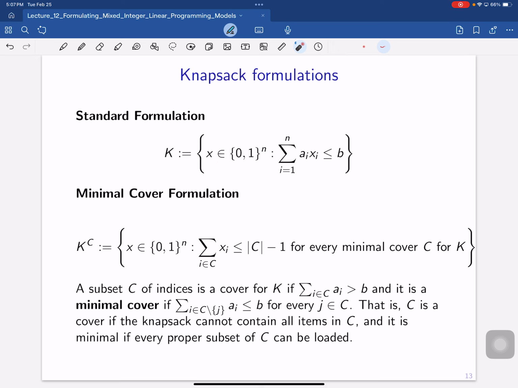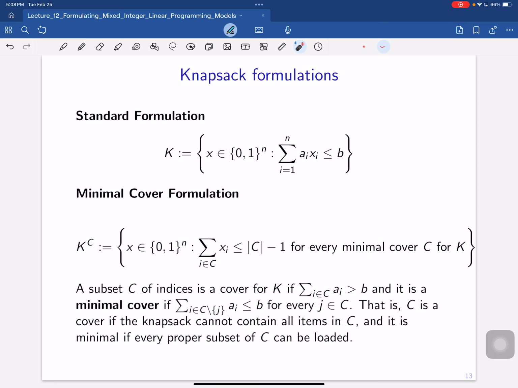Why is that? Remember, whenever you want to show two sets are equal, you want to show one set is contained in the other, and then the other set is contained in the first set. Or you could show that these constraints are implied by the constraints here, then you can show that K is contained in KC. So let's think about how to show that real quick.